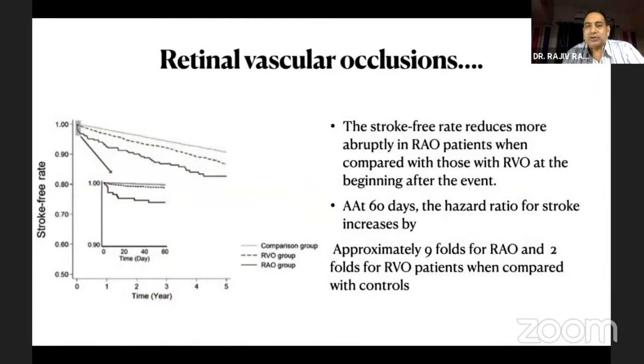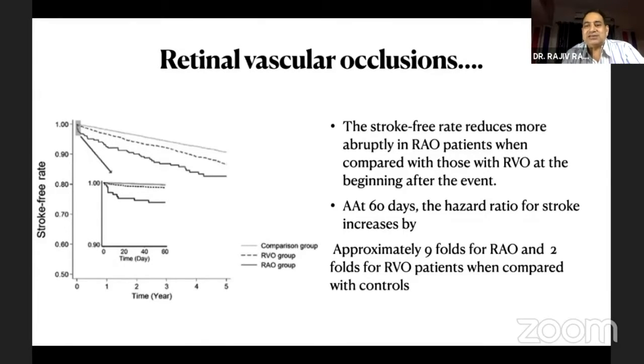Regarding retinal vascular occlusions, this was a very good study which had a long-term follow-up, and these are the Kaplan-Meier curves, which show both artery occlusion and vein occlusion. The stroke-free rate very abruptly reduces in retinal artery occlusion, meaning they have a risk of stroke right from the day they present to us with a central retinal artery occlusion. Whereas in RVO, the stroke-free rate reduces gradually.